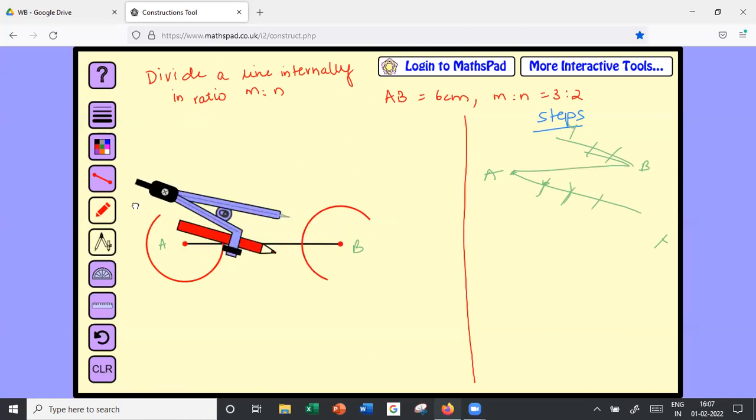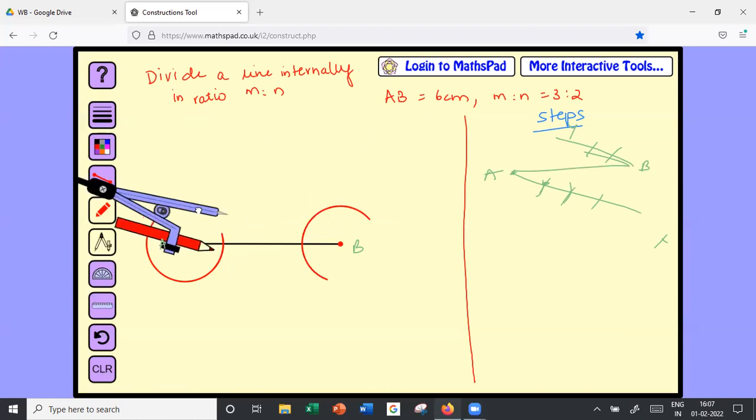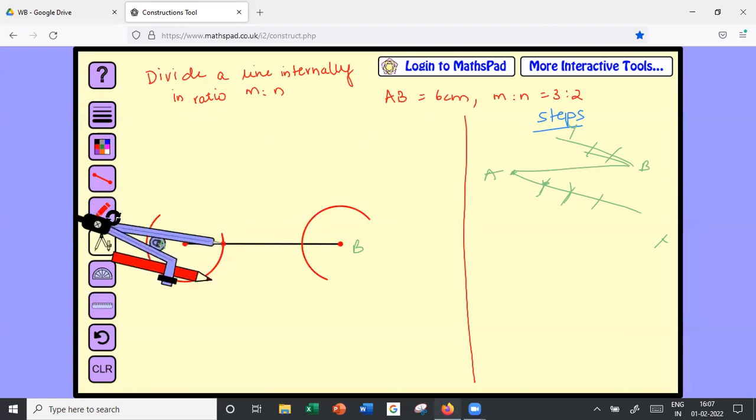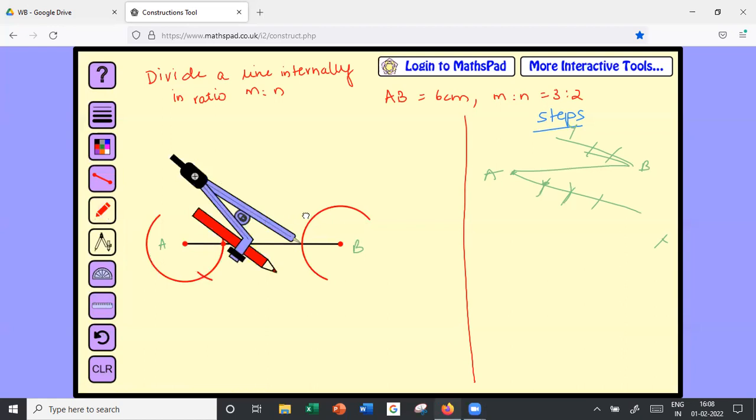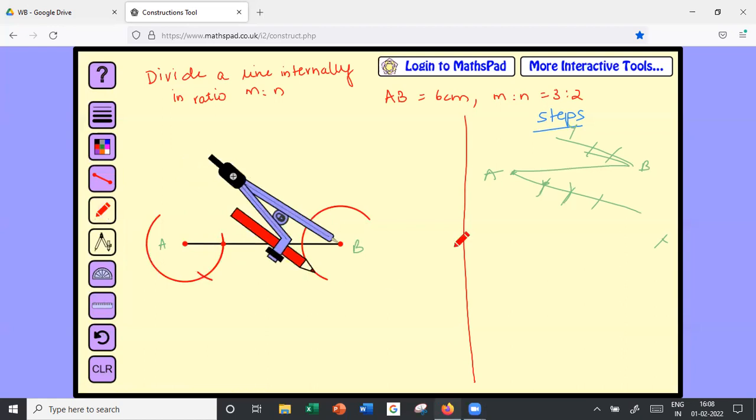Now let's take some random value and cut an arc here. Same thing, I'll do it there. You can use this hack if you are not comfortable drawing the same angle. When you do something like this, you will end up with 60 degrees here, and you will end up with 60 degrees here also.